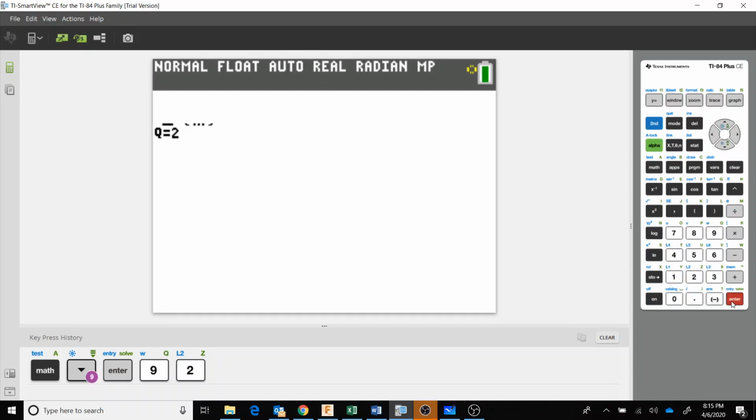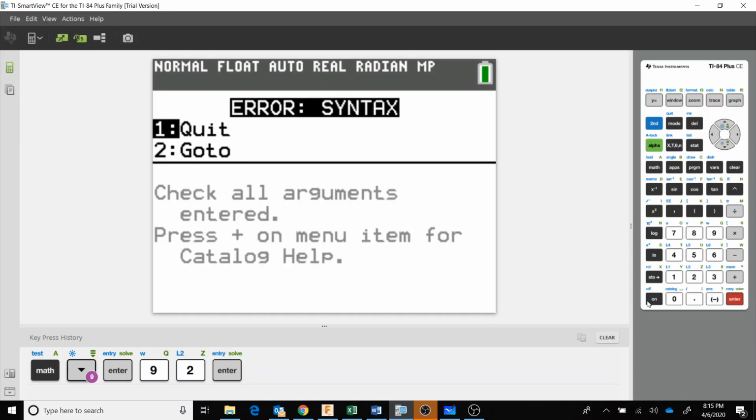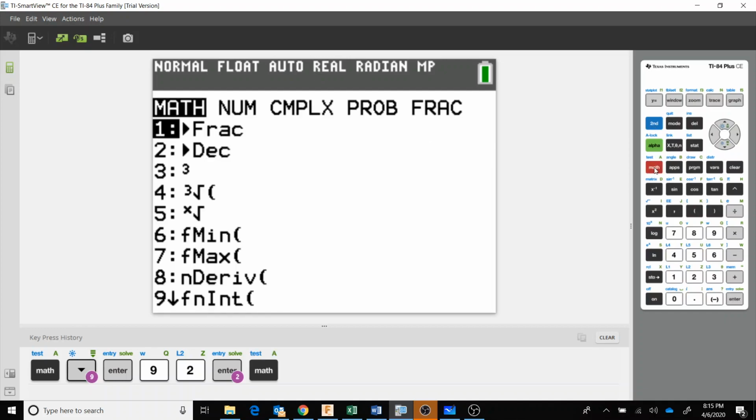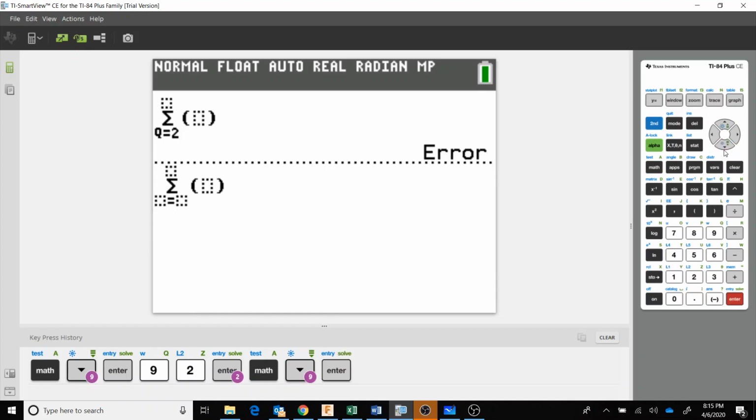I'm going to hit enter. Let's try this again. Math. It's a little harder for me, guys, to use this. I'm on a computer calculator as opposed to my actual calculator.